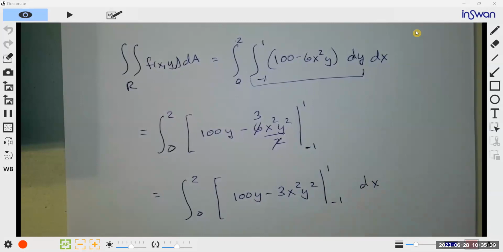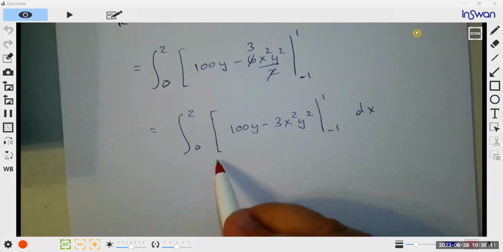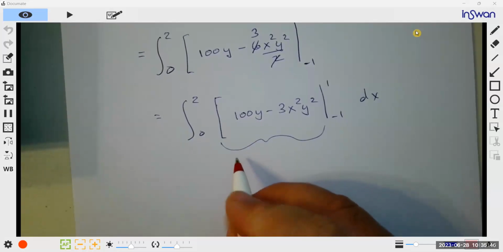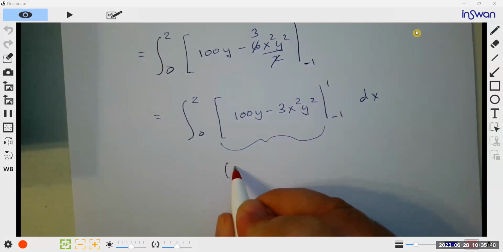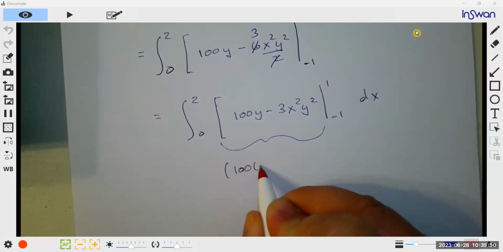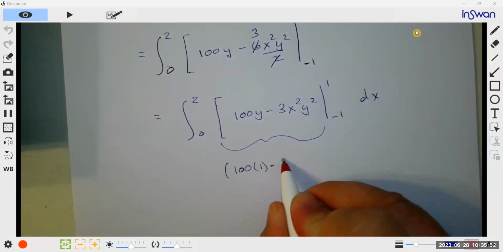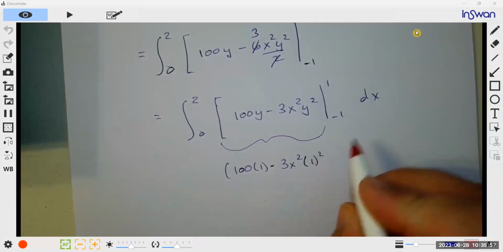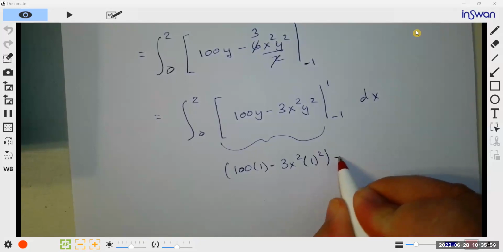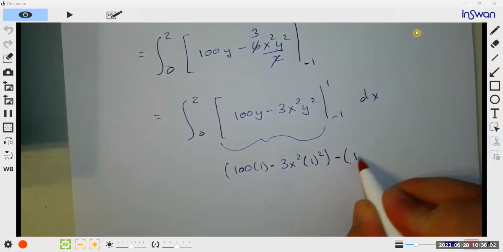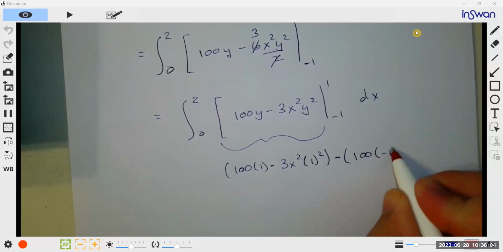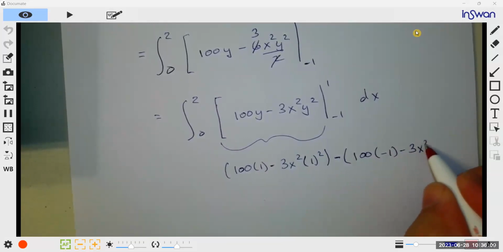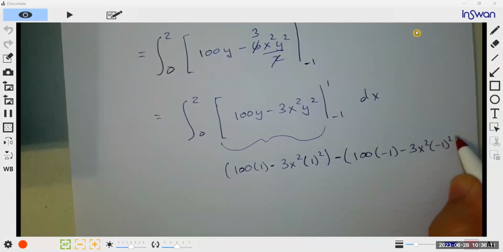And then we still have to do the dx one. So we have here 100 times 1 minus 3x squared 1 squared minus 100 times -1 minus 3x squared -1 squared.